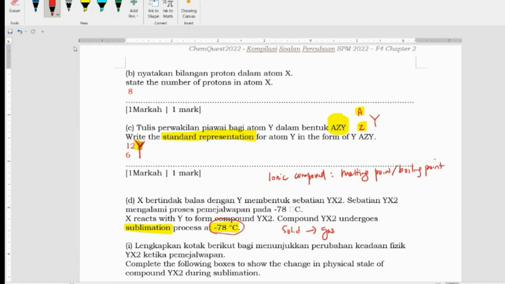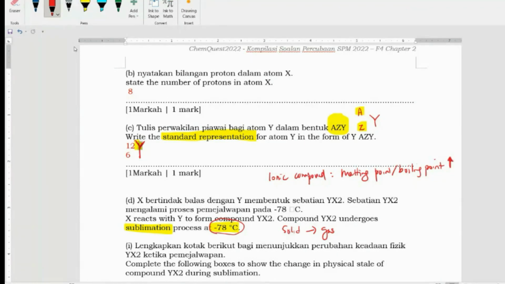Kelas, high melting point, boiling point, or low melting point, boiling point for ionic? Teacher, is it high? Yes, it is high.